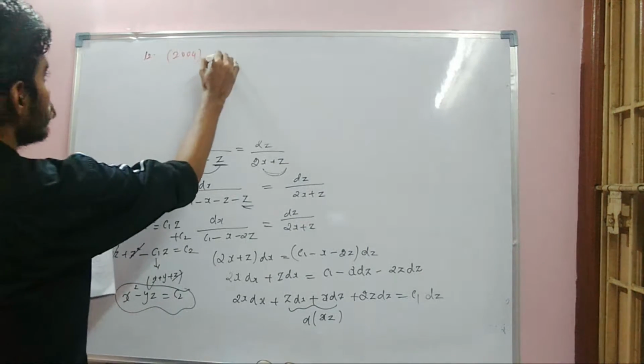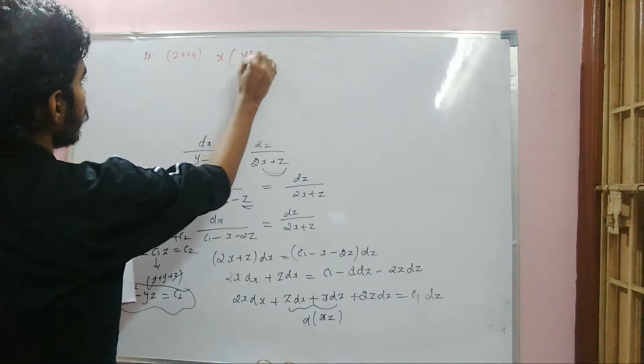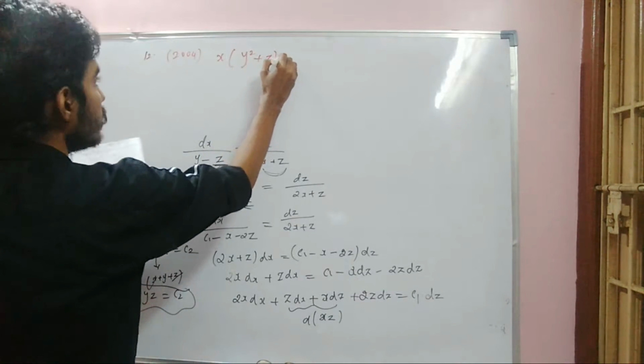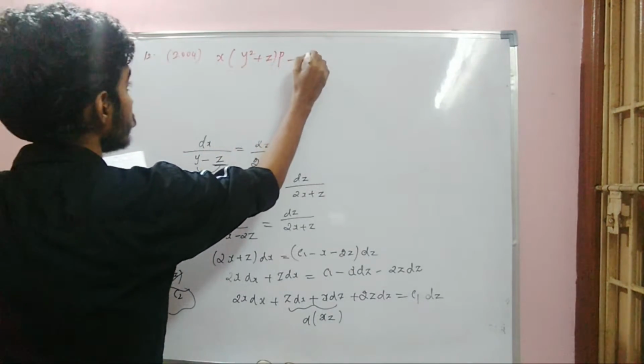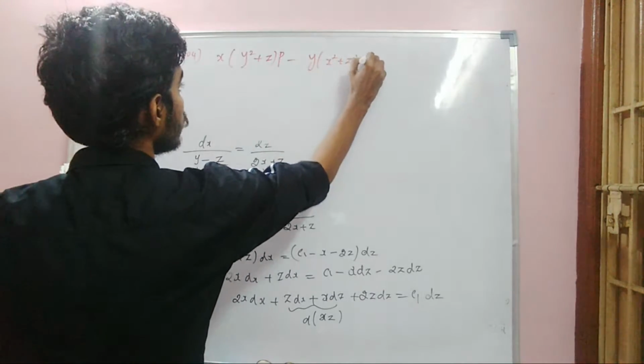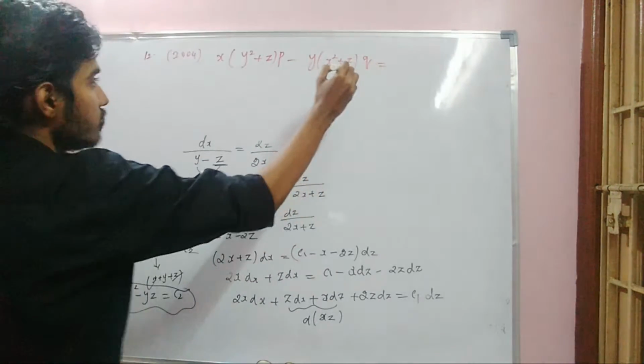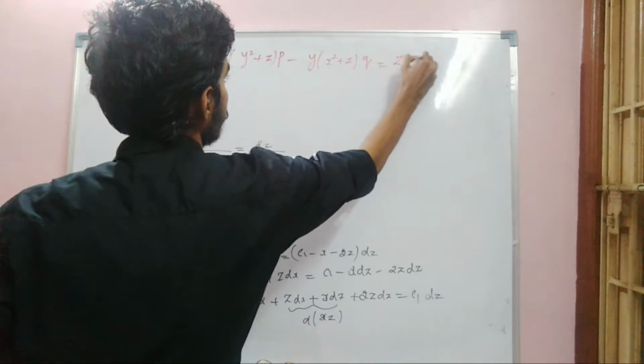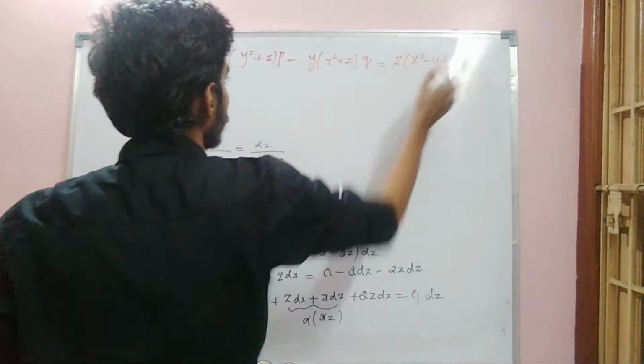2004, (x into y square plus z) into p minus (y into x square plus z) into q is equal to z into (x square minus y square).